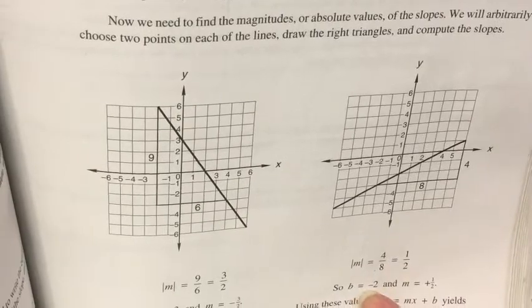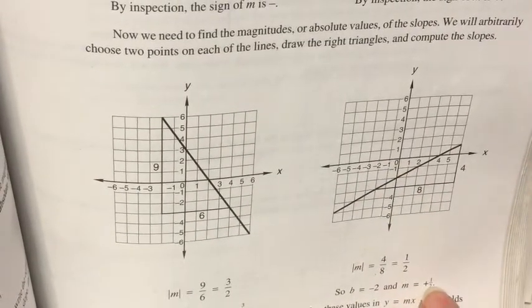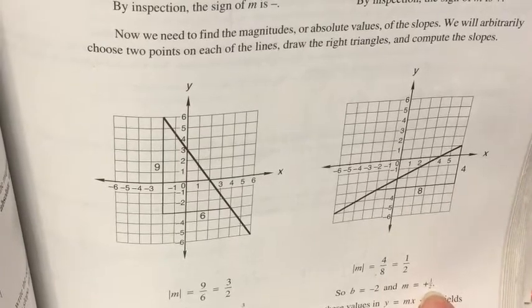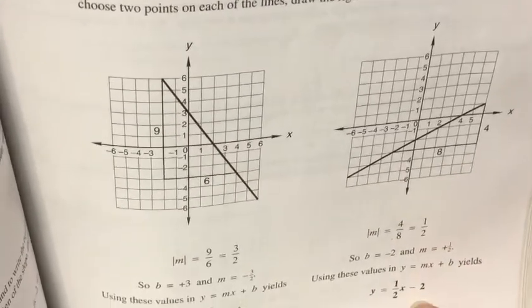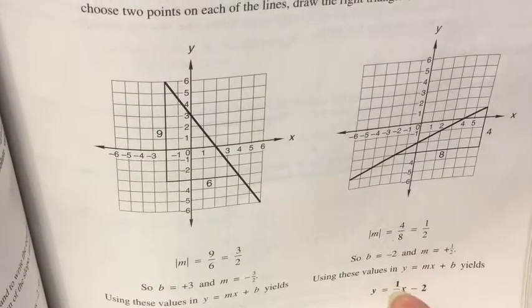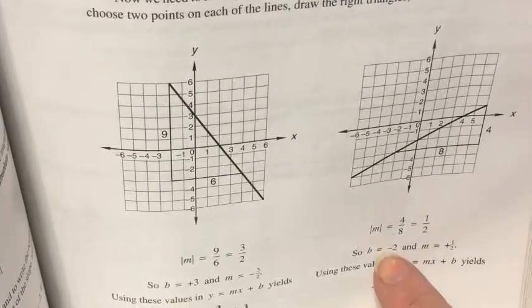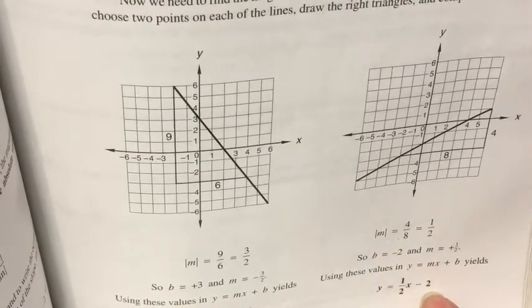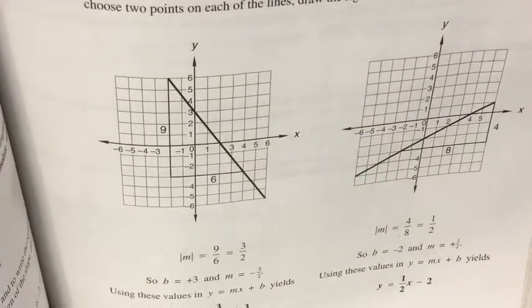So their b is negative 2 because that's the y-intercept. Their slope is positive because it's going up, and 1/2 because it's rise over run, and therefore they get 1/2, which is their slope, x minus 2, because negative 2 is their y-intercept. And it's as easy as that.